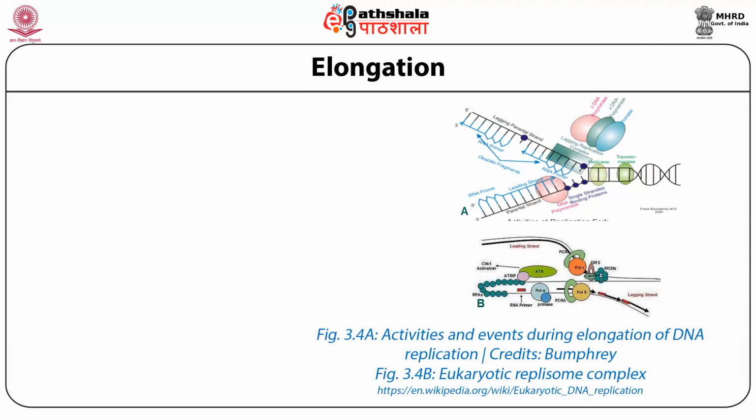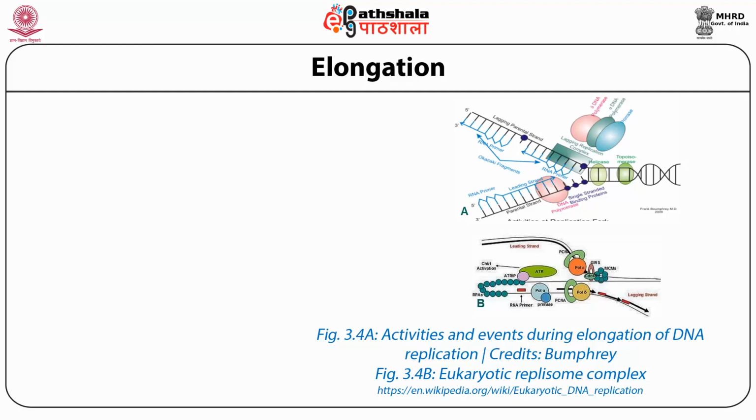Elongation of these newly synthesizing DNA strands marks the next stage of DNA replication. Just like in prokaryotes, the DNA strand on the leading template is synthesized in a seamless manner in a continuous 5' 3' direction. On the lagging strand, however, multiple Okazaki fragments are synthesized, each being initiated by the formation of a short RNA primer.